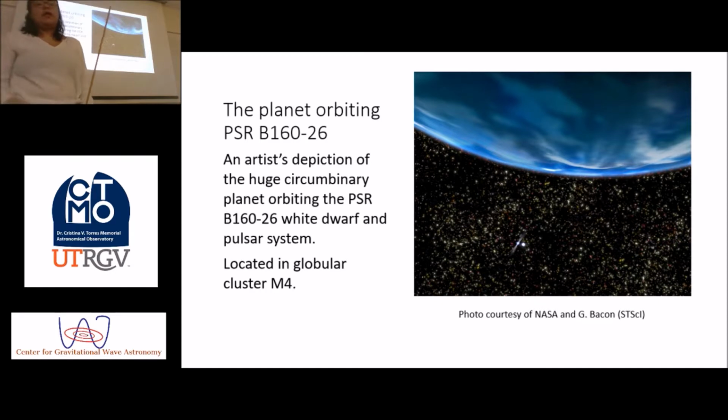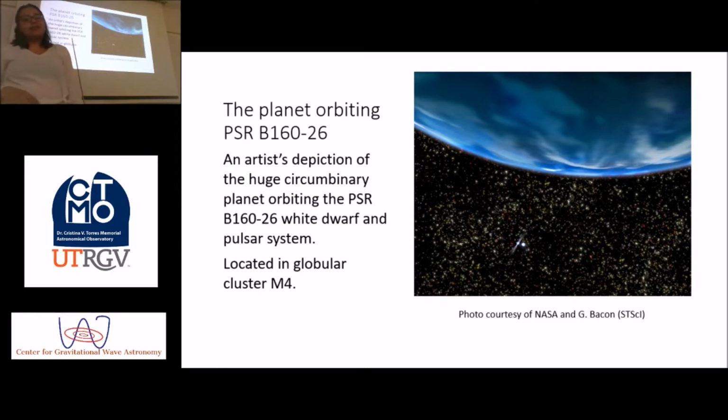And so this is an artist's depiction of the planet orbiting PSR B1620-26. It's a huge circumbinary planet orbiting PSR B1620-26, which is a system with a white dwarf and a pulsar.